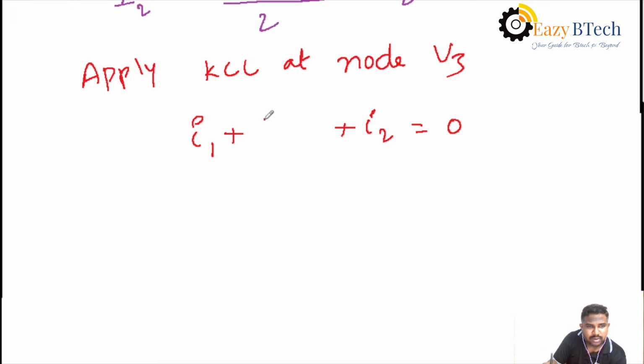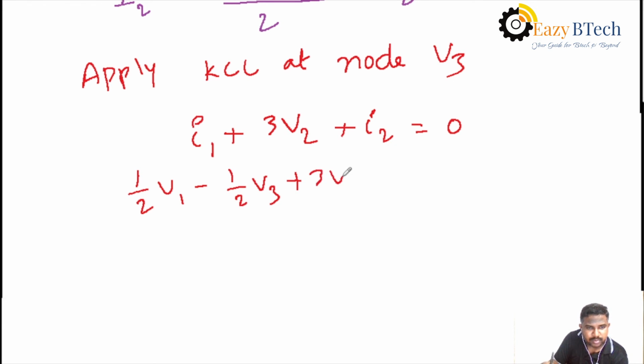Then I1 plus the current source 3 into V2 plus I2 equals 0. We know the value of I1 here. What is the value of I1? That is 1 by 2 V1 minus 1 by 2 V3.